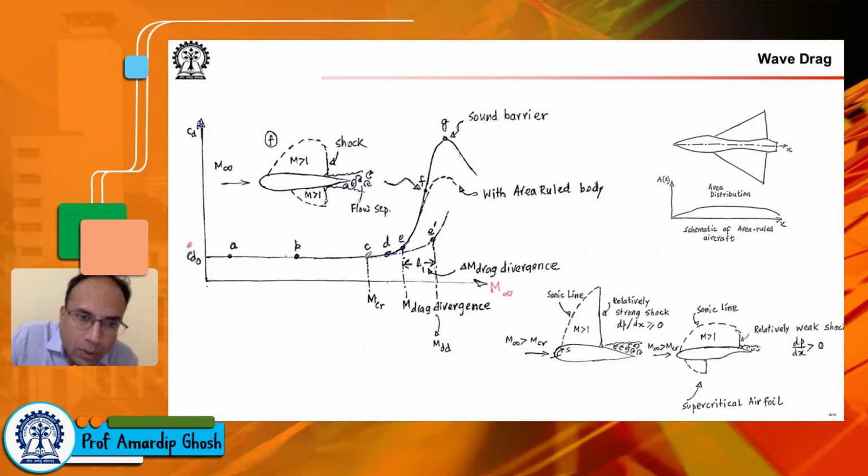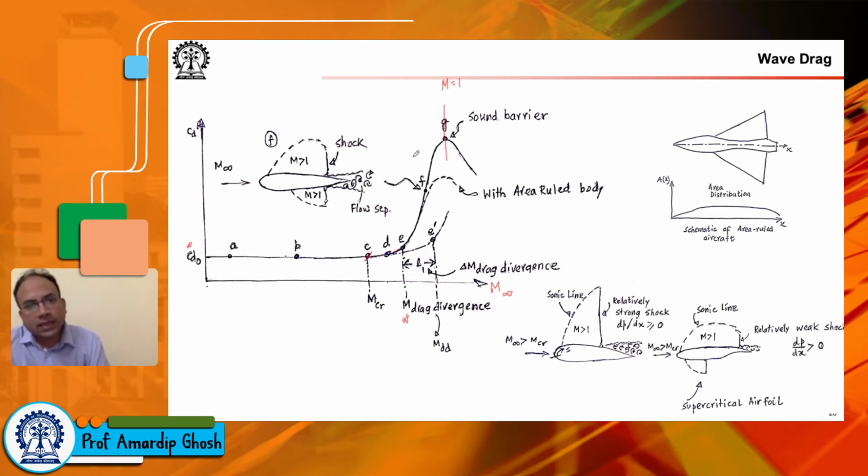Now, beyond this M critical, there appears a point at some Mach number above the Mach critical where the CD climbs rapidly. This happens close to Mach 1. I have not mentioned that, so this is the Mach 1 line.